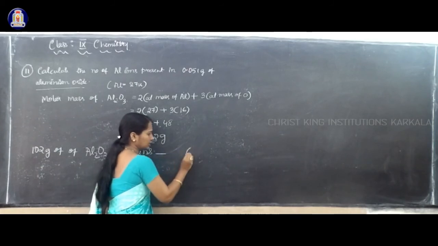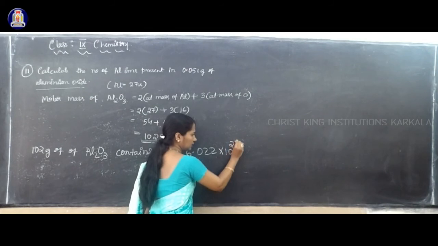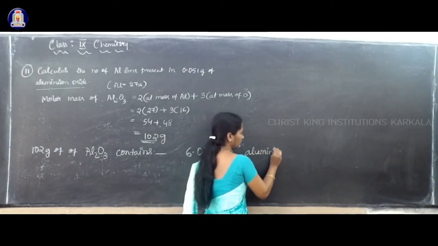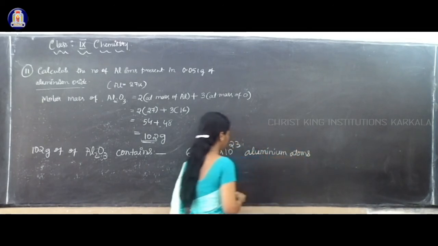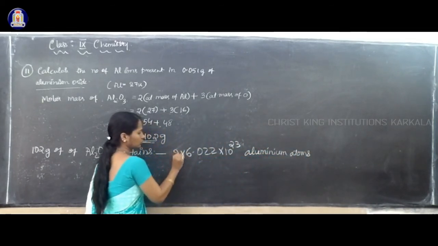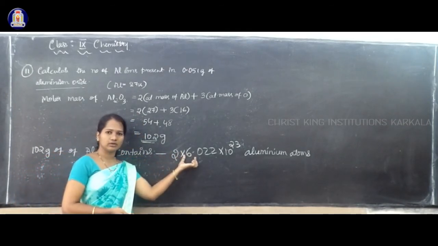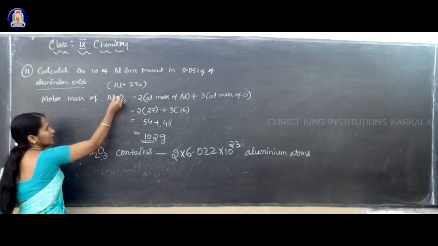Contains 6.022 into 10 to the power 23 aluminium atoms. But this is 2 into. Why have I written 2 into? Because in the formula you observe here, this is Al2O3.